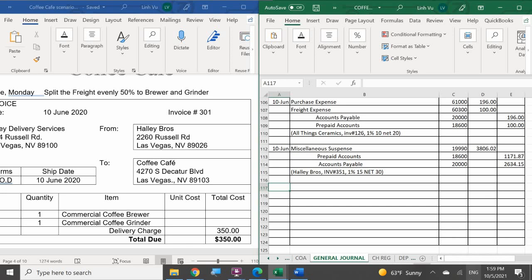So we are obligated to pay them cash on delivery. And in this case, do we have cash on our hands? We are supposed to pay, but do we have cash on our hands?